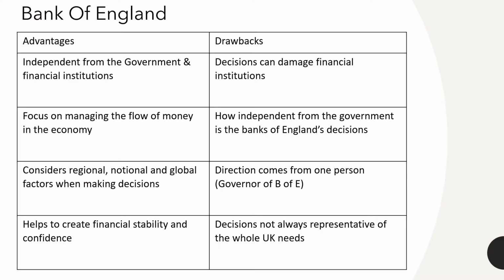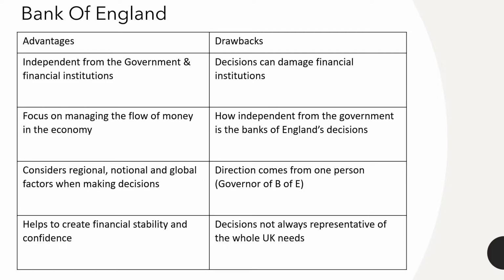Now we know that the Bank of England is a safeguarding mechanism to ensure that all the financial institutions and insurers are acting in accordance or in the best interest of society. Now let's look at the advantages and drawbacks and evaluate the benefits or the purpose of the Bank of England.